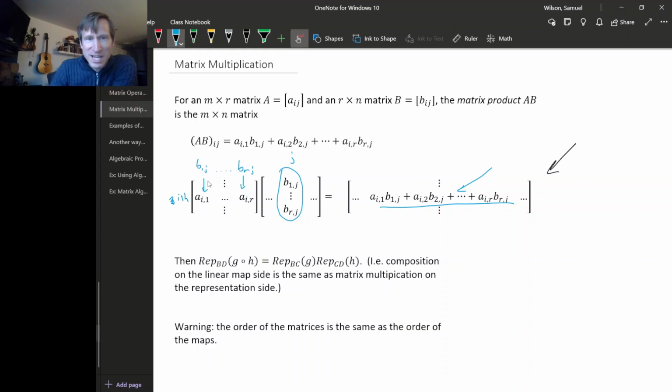A_i1 B_1j plus all the way down to A_ir B_rj. So that's exactly this sum. So this is essentially exactly the matrix vector product, but just with each column from the right-hand matrix individually.